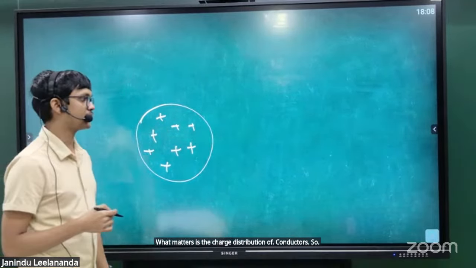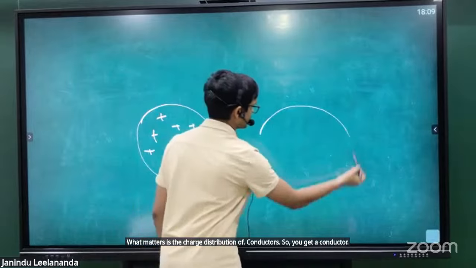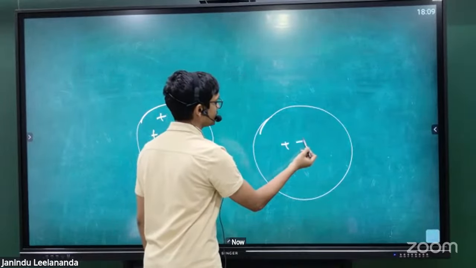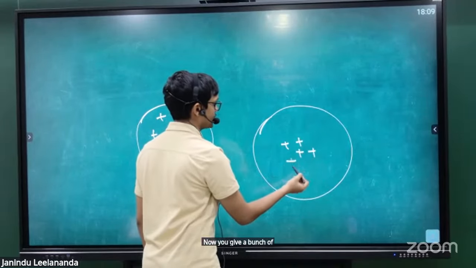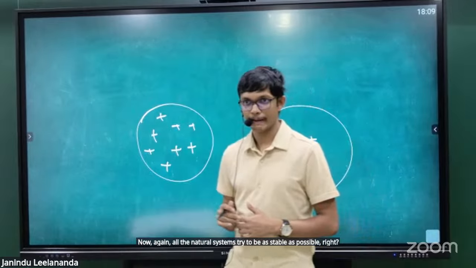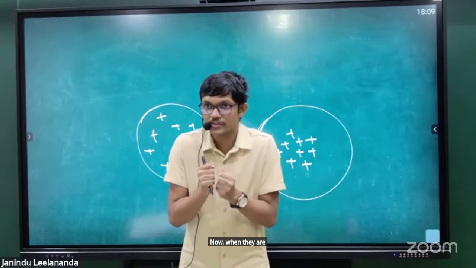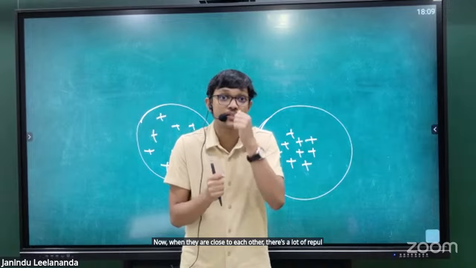So you get a conductor. Now you give a bunch of charge to this. Now again, all natural systems try to be as stable as possible, right? When the charges are close to each other, there are a lot of repulsive forces acting against each other.